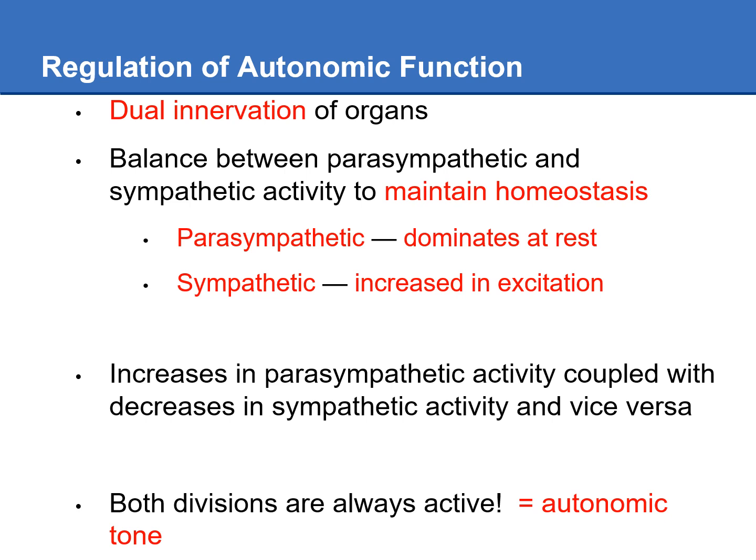Okay, so because both sympathetic and parasympathetic divisions are always active, we call that autonomic tone. It's not like you're just turning one on, turning one off. They're both always sending signals, but you just adjust the levels of signals that they're sending.